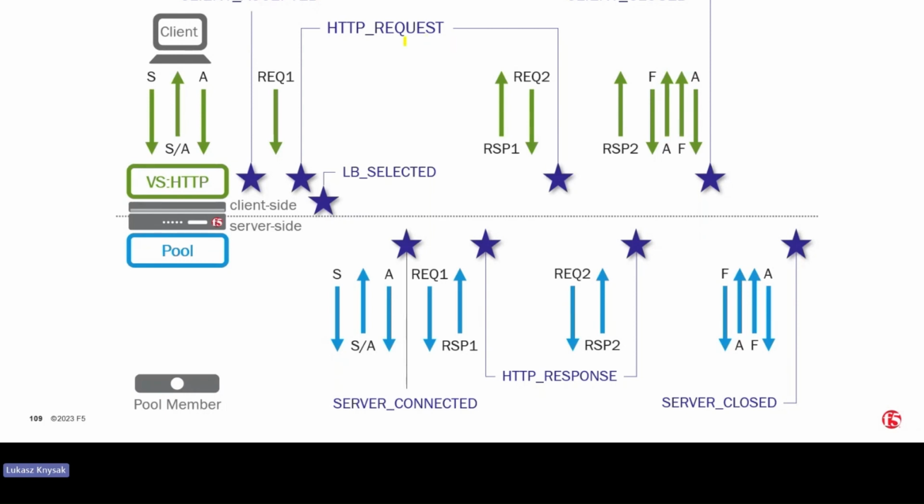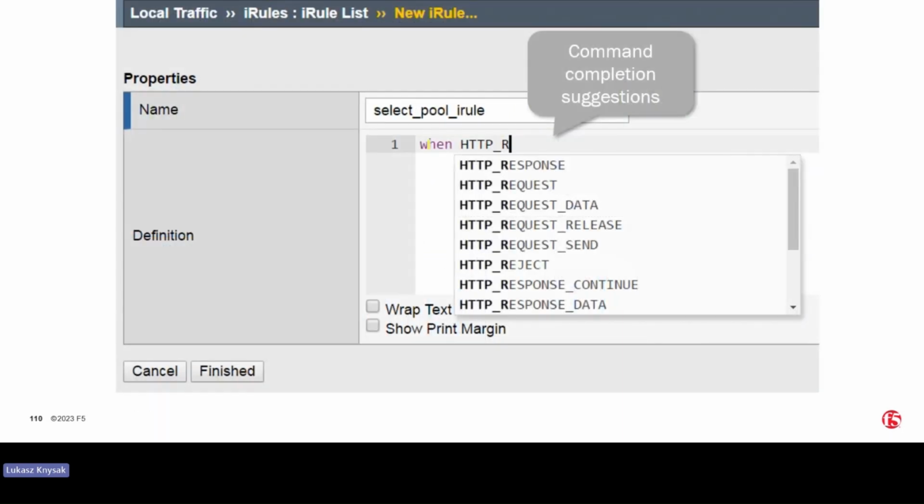If it's a request at layer 7 with HTTP traffic, this will be this kind of event. So on different levels or points of the traffic which is traversing your Big IP, you can execute specific code. So that's the goal. How do you create iRules?